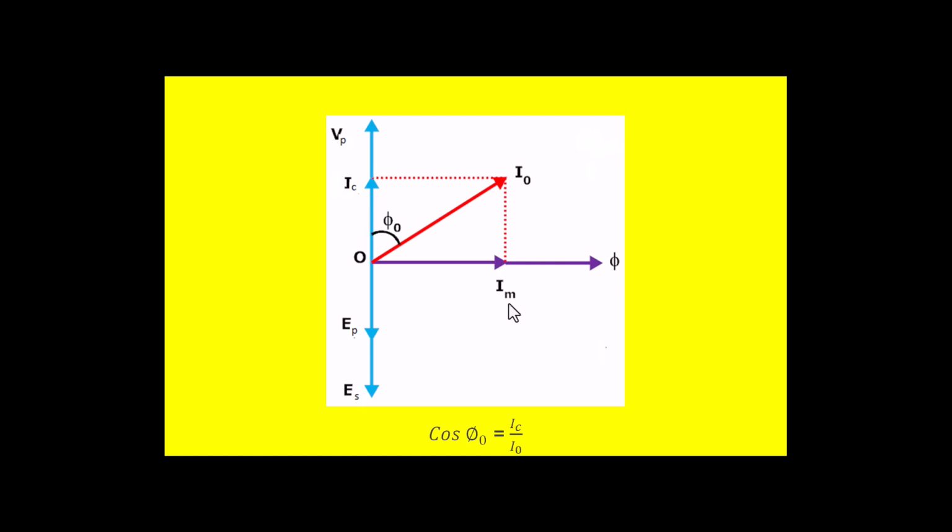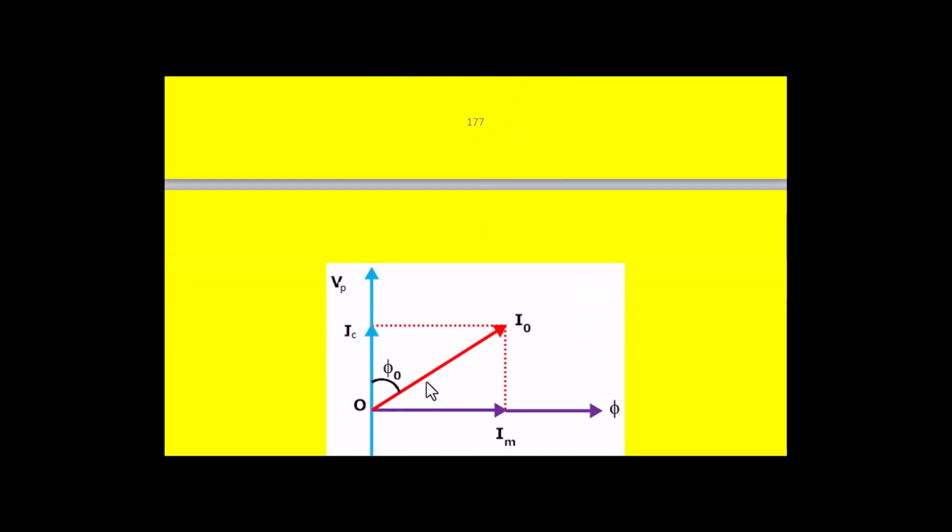This is called magnetizing current, and similarly Ic is in phase with the applied voltage V naught, and the resultant of Im and Ic is nothing but I naught. This value is shown in the ammeter. And having known the power factor from this formula, phi naught can be calculated. Once phi naught is calculated, the position of the I naught can be fixed like this.